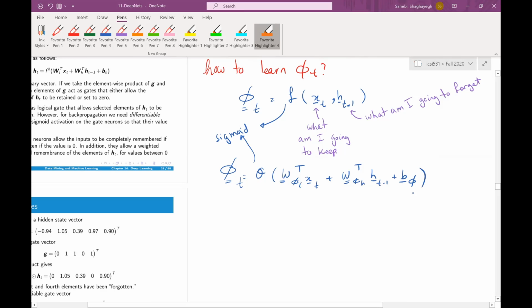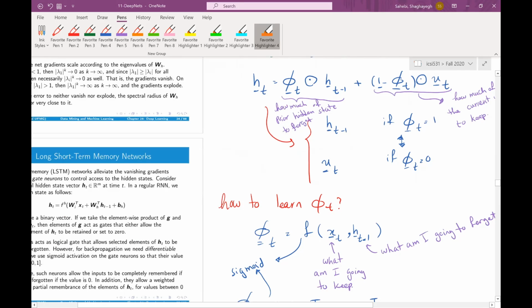Okay. All right, so right now we have defined lots of things here. So the phi t, the ht and ut, all of that.